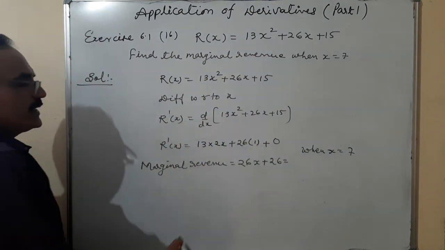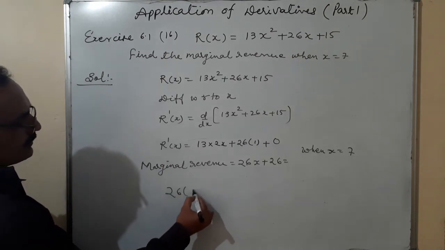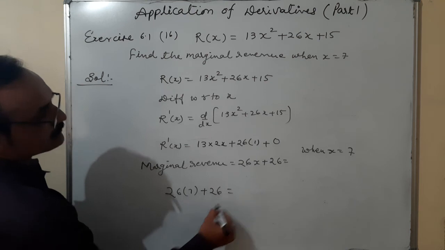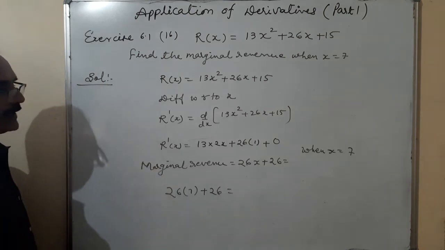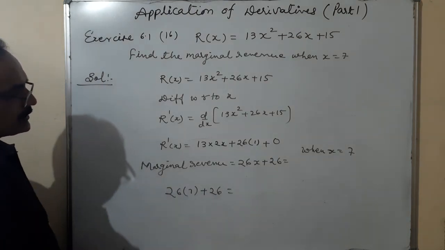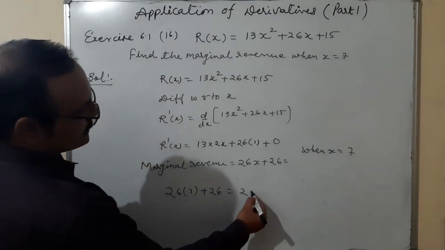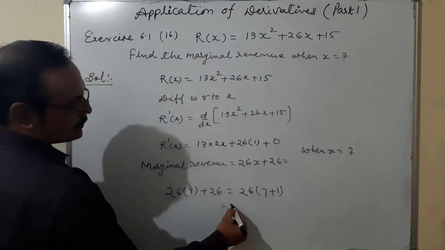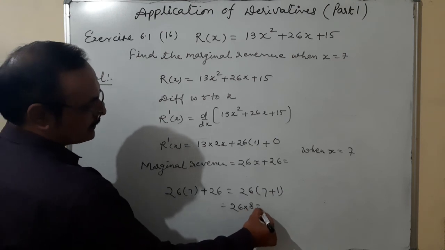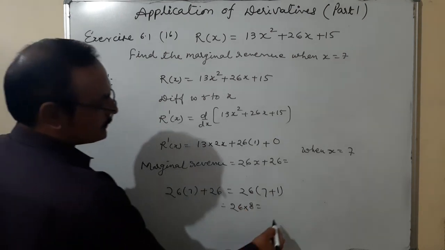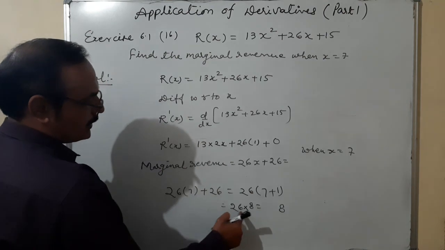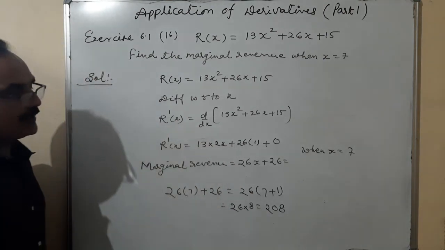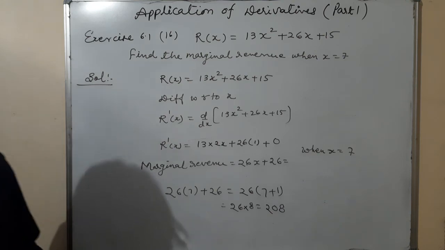So I write here 26 into 7 plus 26, in place of x I have put 7. 26 into 7 plus 26, I take 26 common: 7 plus 1, so it is 26 multiplied by 8. 8 6s are 48, 8 2s are 16, 16 plus 4 is 20, so 208. So the marginal revenue is equal to 208.